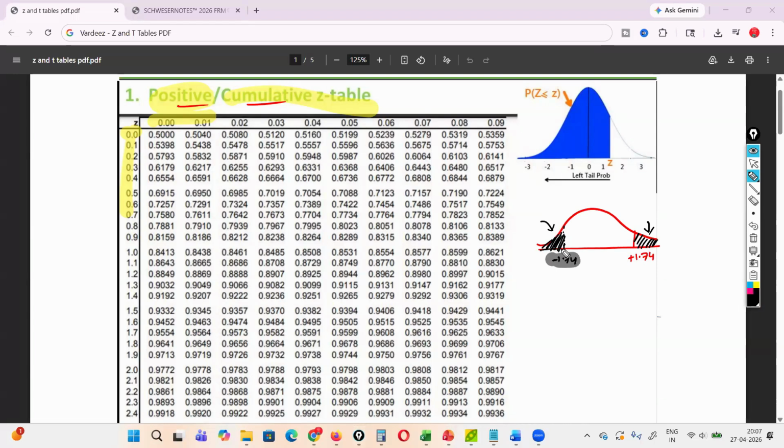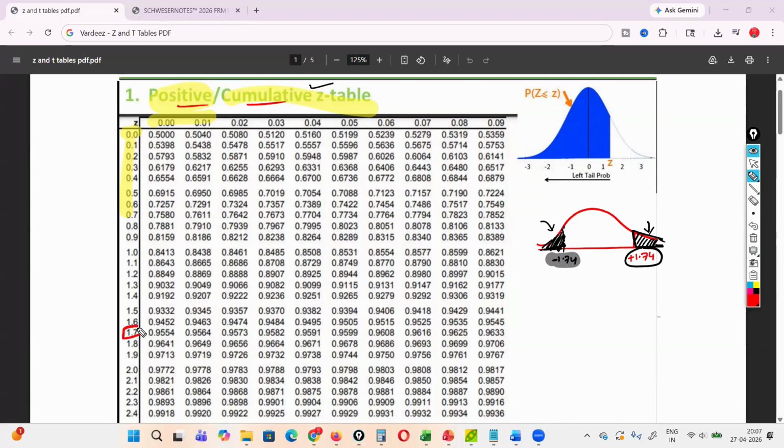Both the areas exactly match, and hence when given a positive Z table on the exam, you can find the negative value very easily. How do you do that? Well, look at 1.74 on the positive Z table.